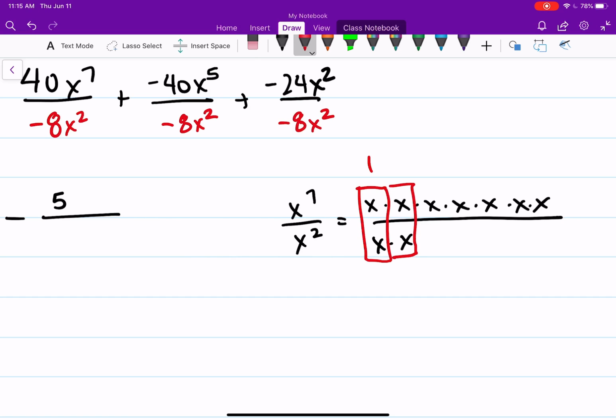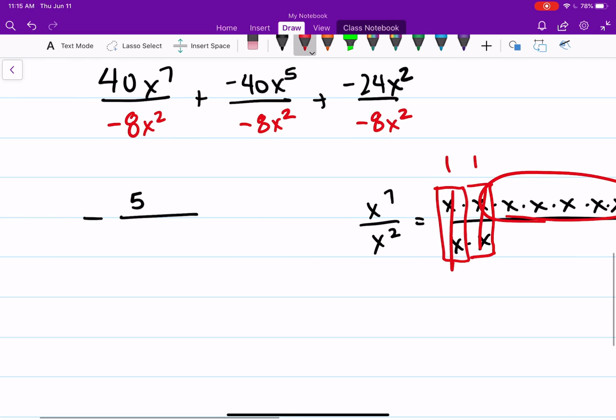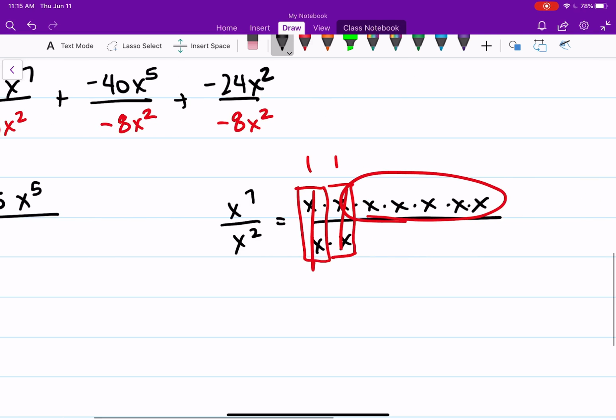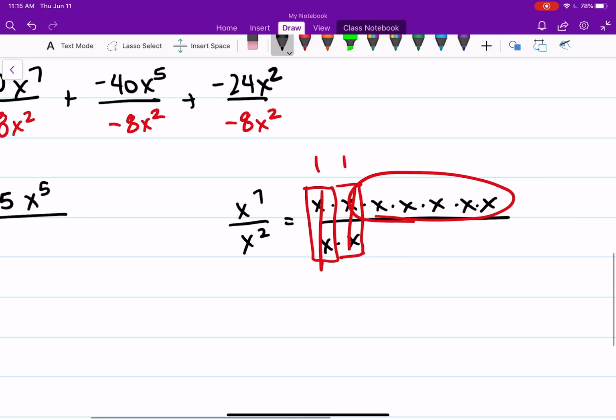And then x over x, that's equal to 1. So I have 7 x's on top, 2 x's on the bottom. 2 of them cancel out. What do I have left? I have 5 left on top. And that's how I get this right here. So that is what I'm talking about.